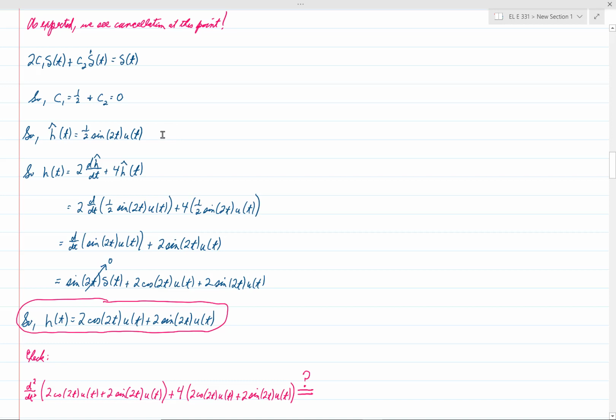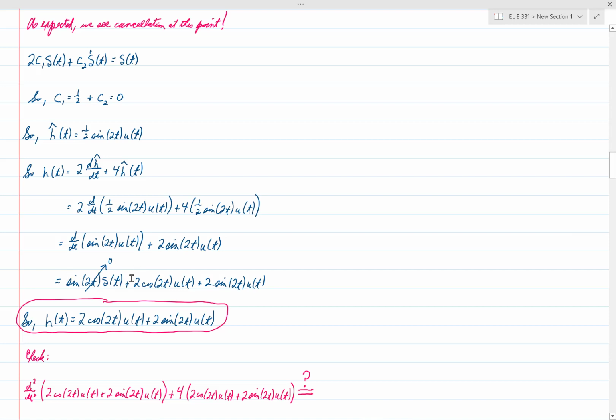And remember now, that's the impulse response for the simple associated system. And to get the impulse response of the overall system, now we just say 2 dh hat dt plus 4 h hat of t. And so we do that right here. And once again, we'll get a little simplification.